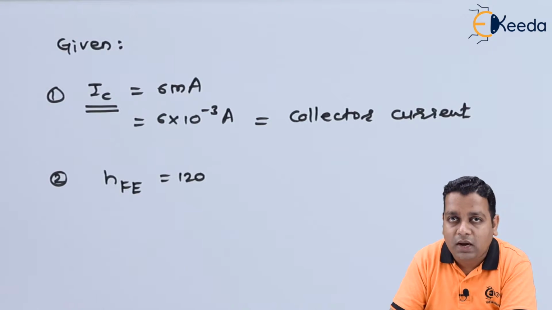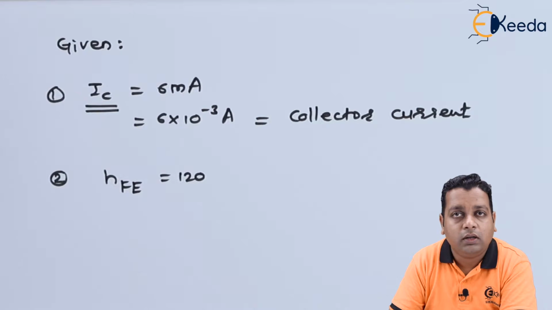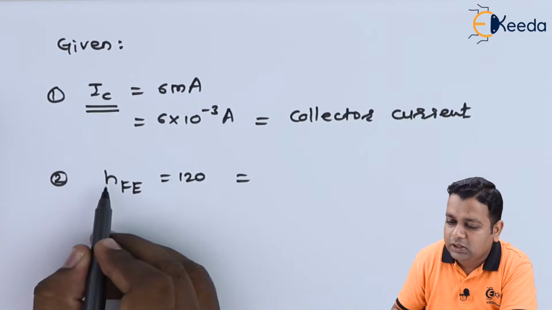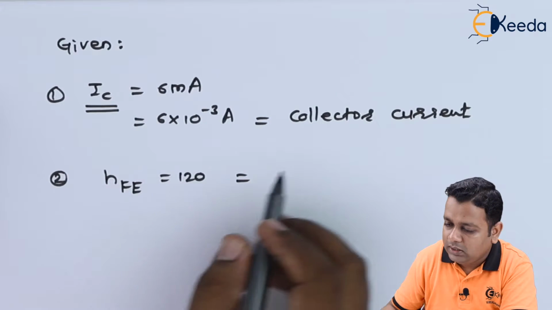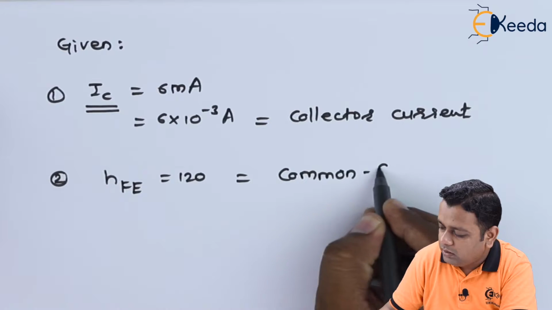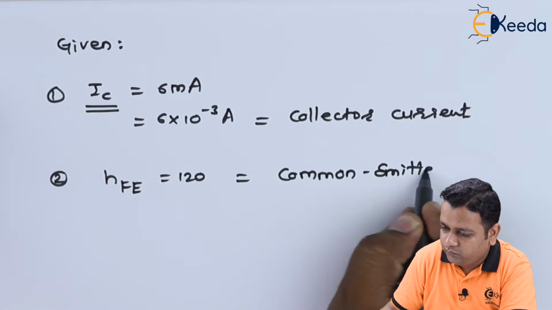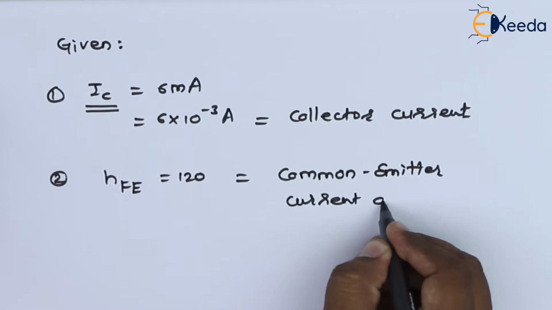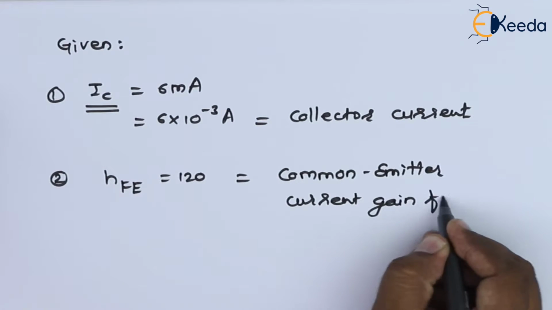So as we know the different transistor configurations, here the representation of h suffix FE is nothing but the configuration of common emitter, and it is representing the current gain factor.